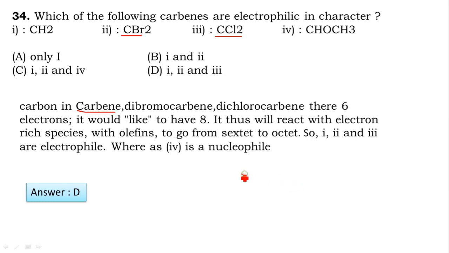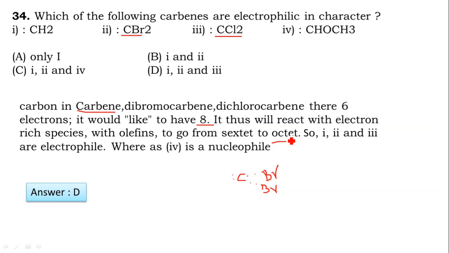Here it's a carbon. Here one Br and here one Br, and here there are 2 electrons. So totally 1, 2, 3, 4, 5, 6 electrons. But to attain an octet, carbon should have 8 electrons.